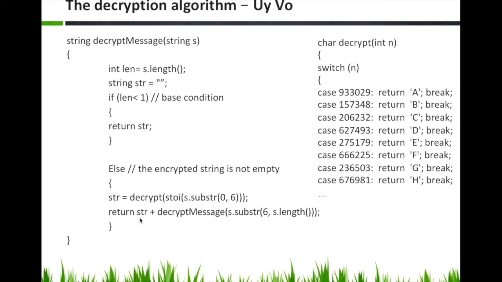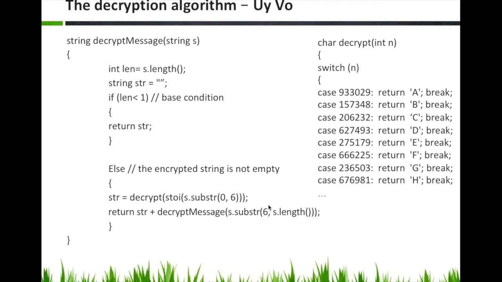Then we return the first character and the remainder of the encrypted string. I mean the rest part of the string, and we use the substring function again here. So we get the remainder of the string by the substring function from the index of 6.